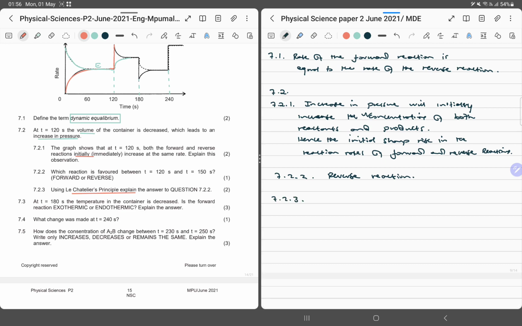Well, we know that here an increase in pressure will favor the reaction that lowers the number of gas molecules in the system.